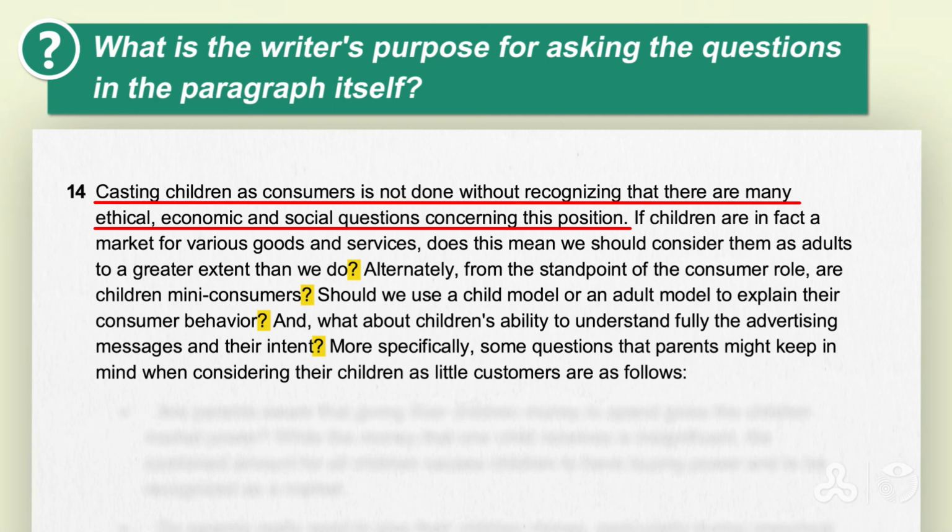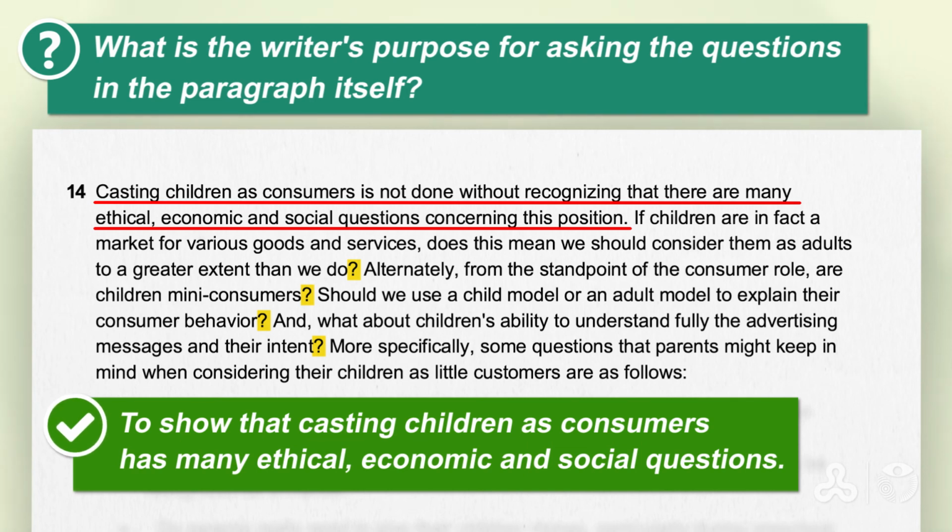So the writer is raising all of these questions to show us that we should understand that there are many ethical, economic, and social questions when children are seen as consumers. So the answer could be to show that casting children as consumers has many ethical, economic, and social questions.